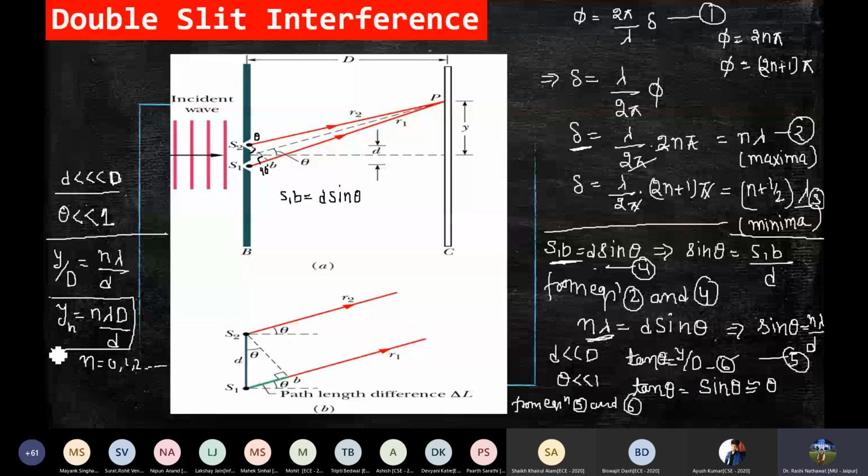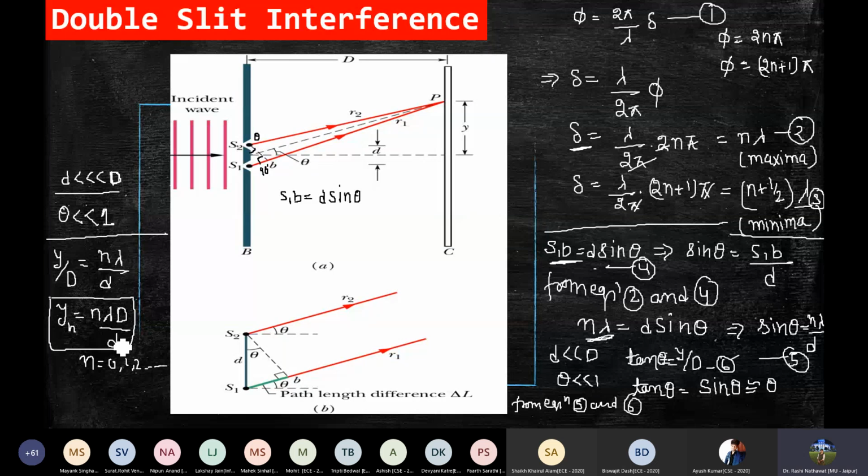Now if I want to calculate the fringe width here, because this nth fringe which we are getting at point P can be a dark fringe or bright fringe. But you can see here, this is a fixed value, n lambda D upon d. So these fringes are equally spaced.